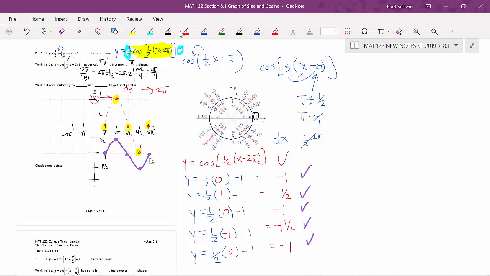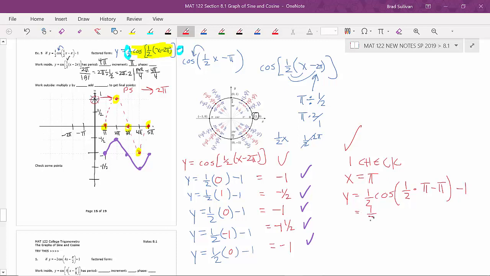Just one other thing real quick. Let's do one check. Let's check pi, and again, plug into the entire function. So the function is 1/2 cosine, going all the way back to the beginning, 1/2 pi minus 1. Take your pick as to which point you want to do.